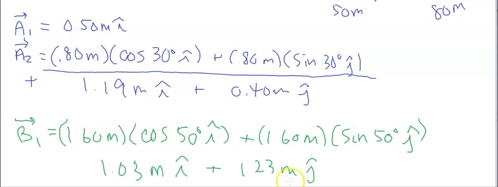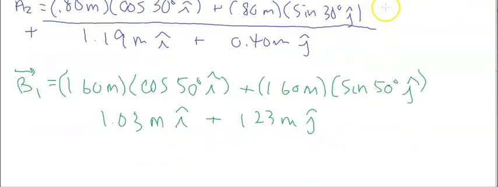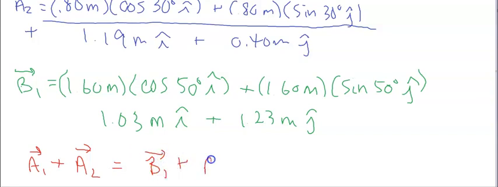Alright, so we have all the runs except for beetle 2's second run, which is what it's asking us to solve for. If you picture it, beetle 1's runs have to equal beetle 2's runs. Let me write what I just said: vector A1 plus vector A2 is going to add up to vector B1 plus vector B2.